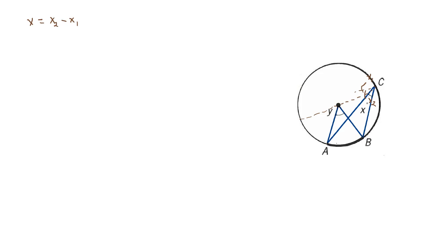Sorry, yeah, the whole thing is x sub 2. And we have y, this one now, is y sub 1 and the whole is y sub 2. We have y is equal to y sub 2 minus y sub 1.